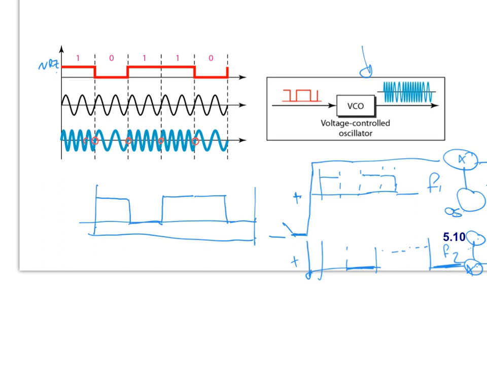So we end up having some discontinuation. We call this non-coherent. The non-coherent FSK does not guarantee any continuation between each bit and the one next to it. And if we implement it this way, typically we'll end up with a non-coherent signal.